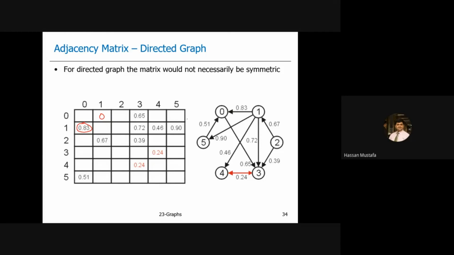So this adjacency matrix can store any type of graph, whether it is an undirected graph, a directed graph, or weighted or not. So this is how we use this adjacency matrix.